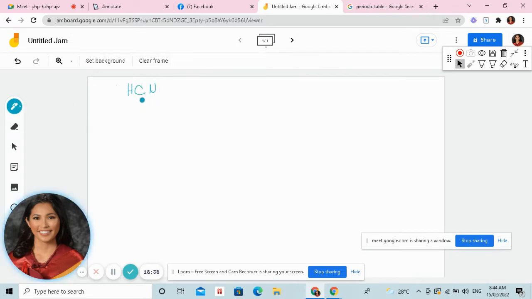Okay, we have HCN. So, who has the lowest electronegativity value? The H. Yes, actually it's the H, but we cannot put H as the central atom, because H has only one valence electron. It means that it can only bond to one atom.